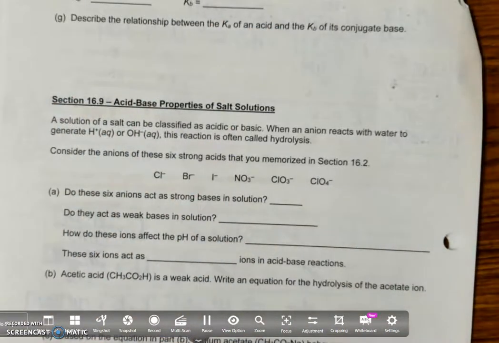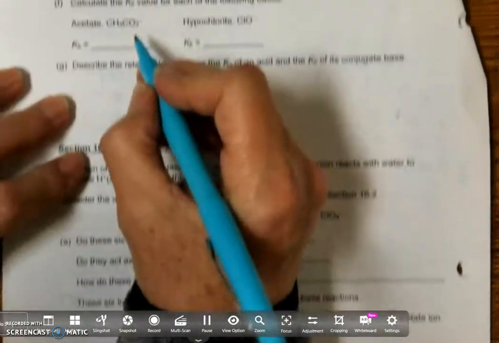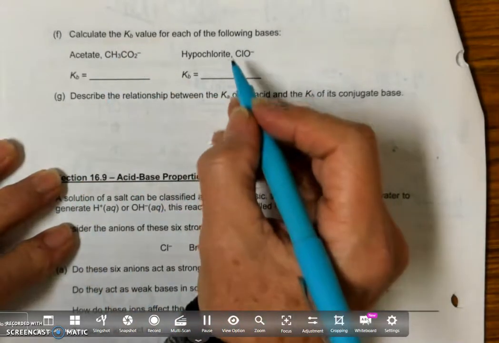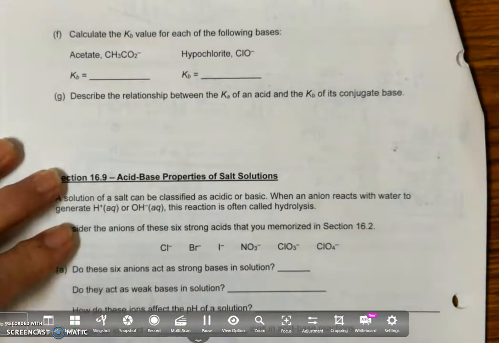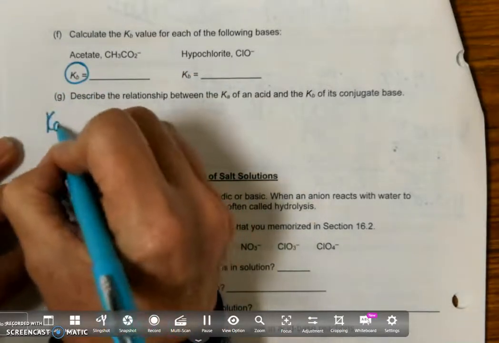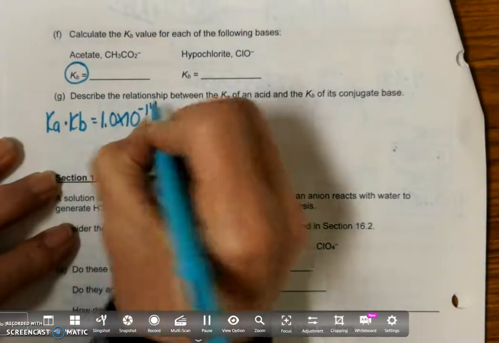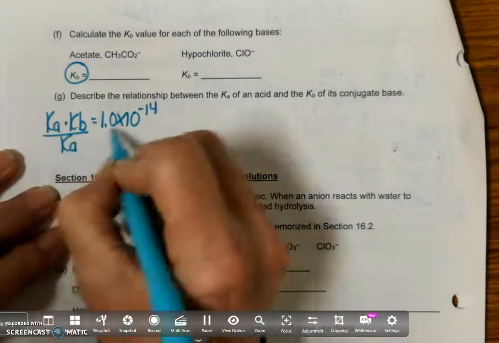All right, now, I can do the same with pKb. This is the acetate ion, right? And the acetate ion, the hypochlorite ion, how are we going to figure out what the values of these are? What I can do if I only have Ka and I want Kb, if Ka times Kb is equal to 1.0 times 10 to the minus 14, if I want Kb in this case, I'm going to divide both sides by Ka.